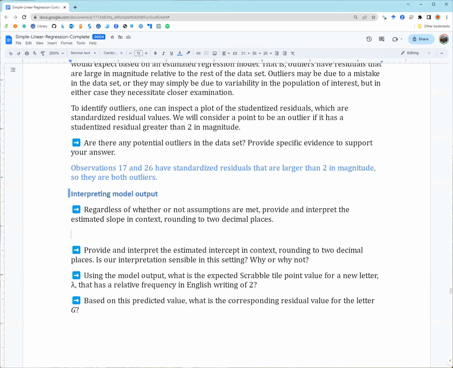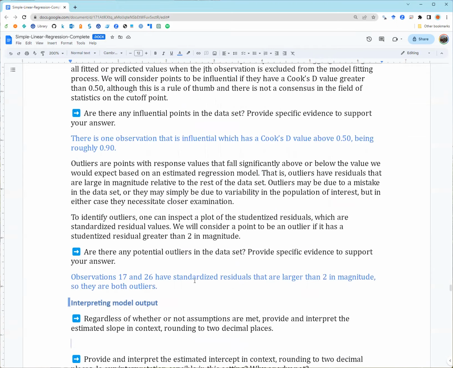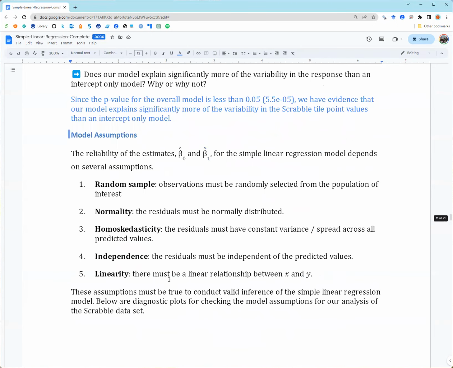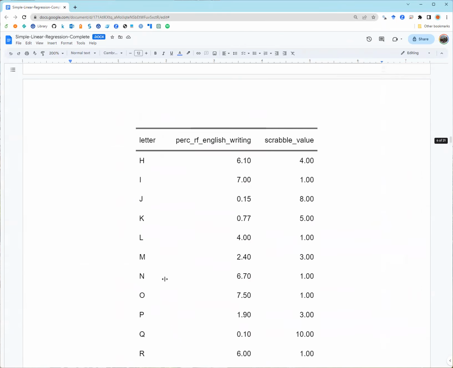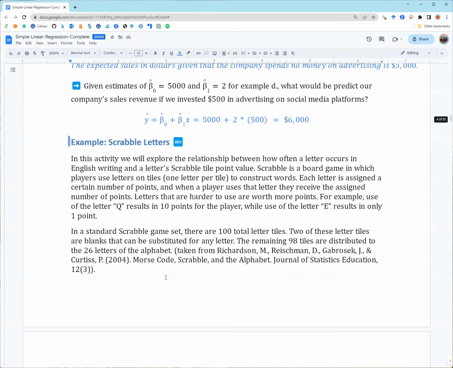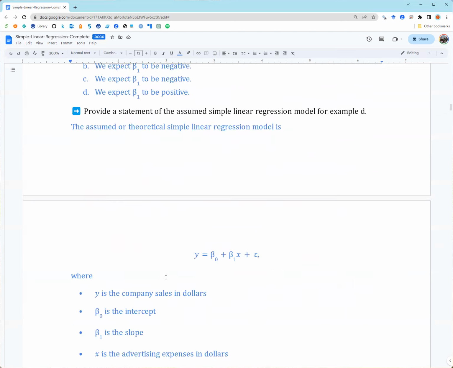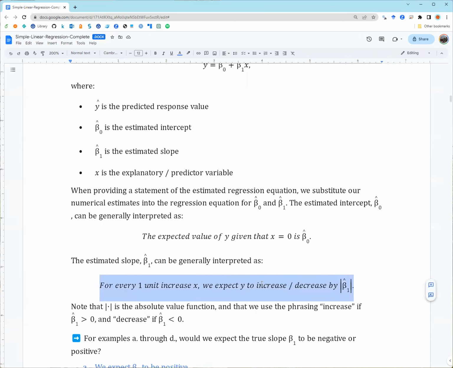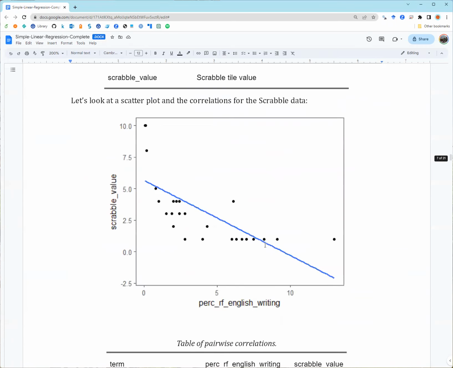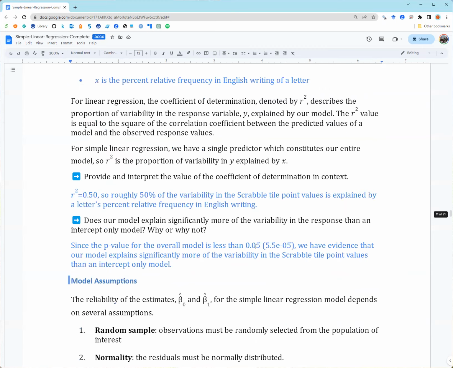So let's interpret the estimated slope by starting with the blueprint interpretation of the slope here. There's our blueprint of the slope. Let's copy that. All right.